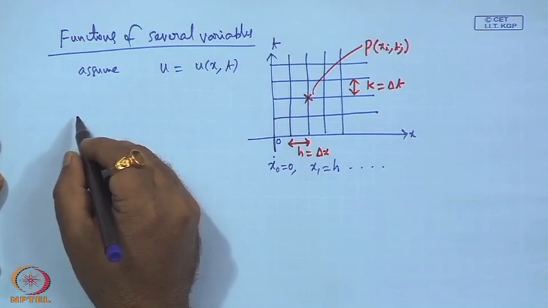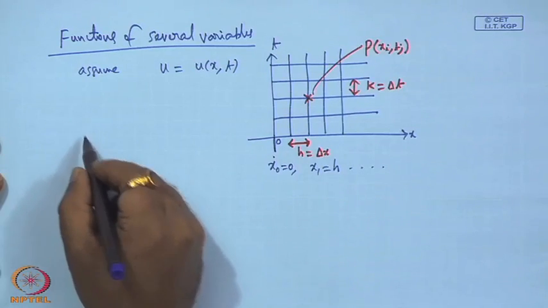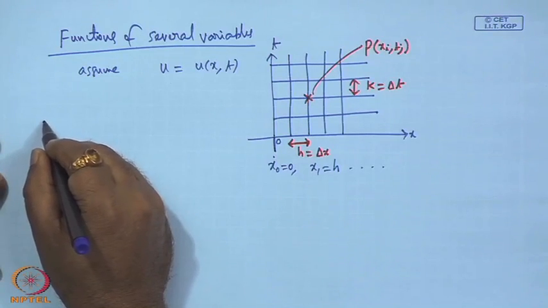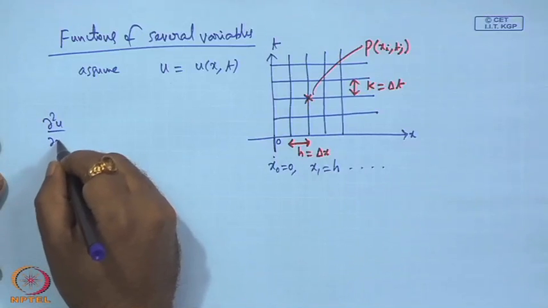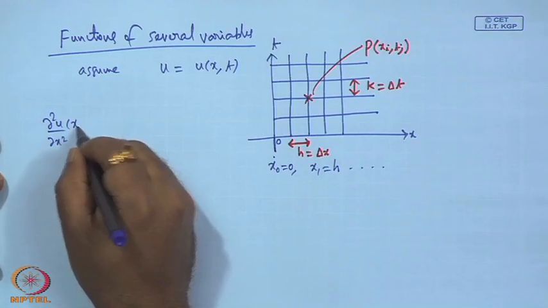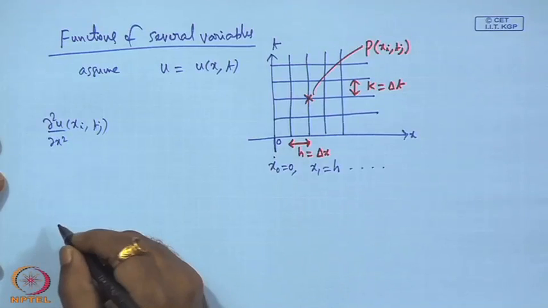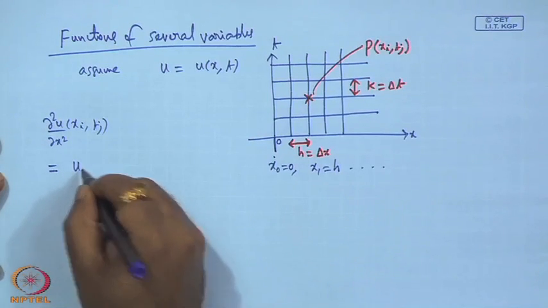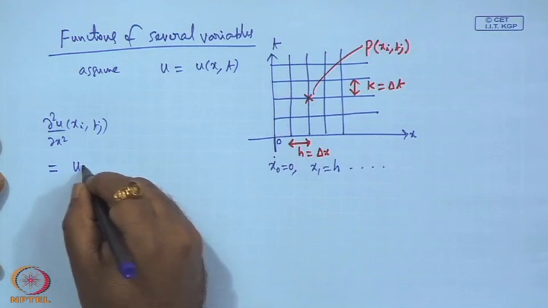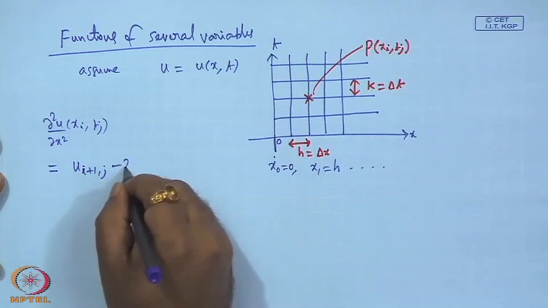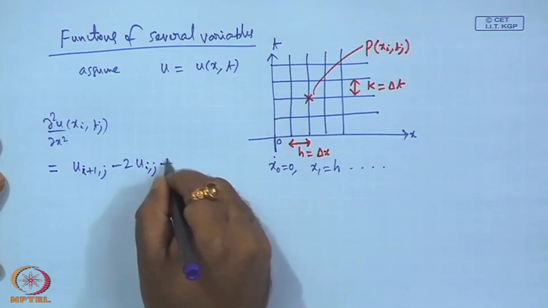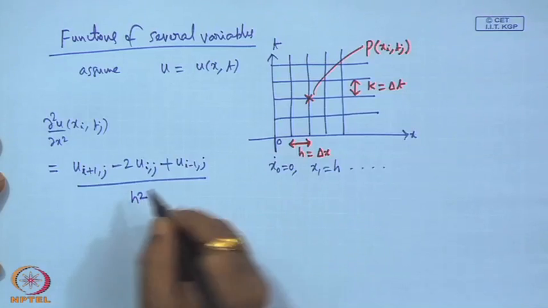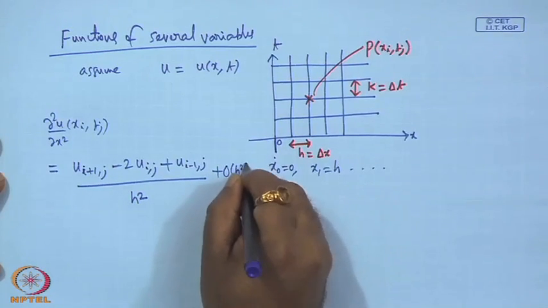So, let us go for the second order discretization. I have already shown in the beginning, we would like to approximate the second derivative at u of i plus 1, j and so on.